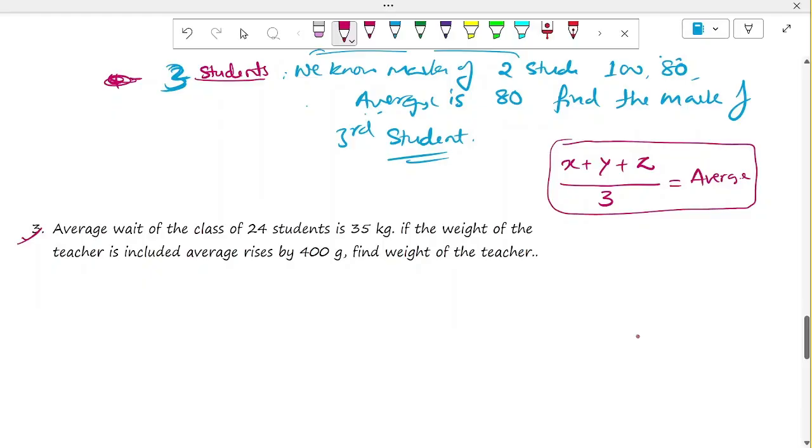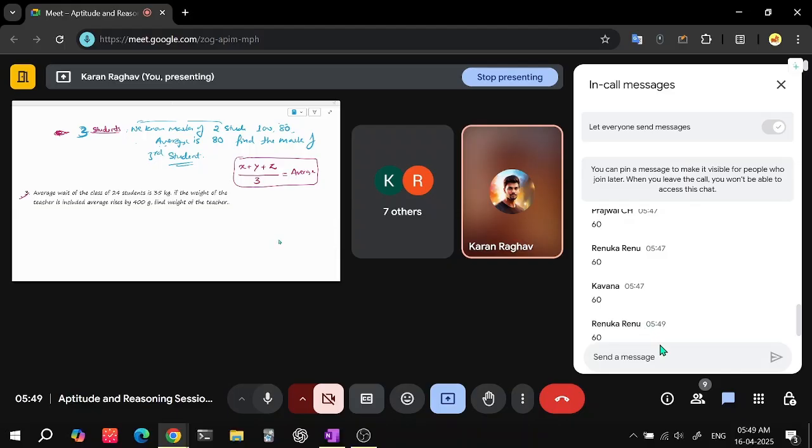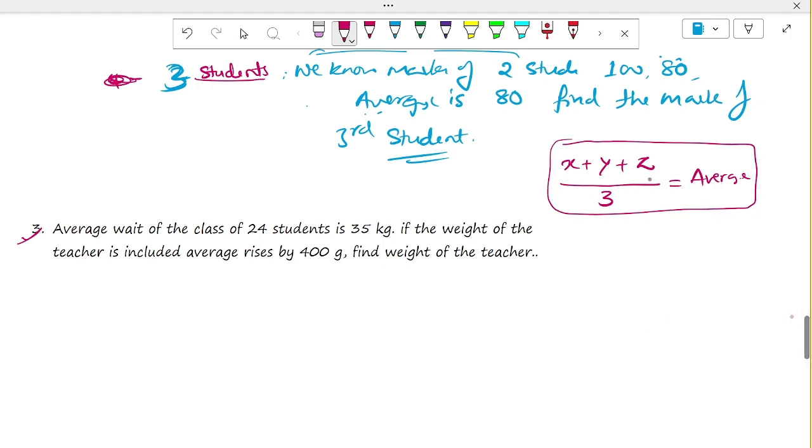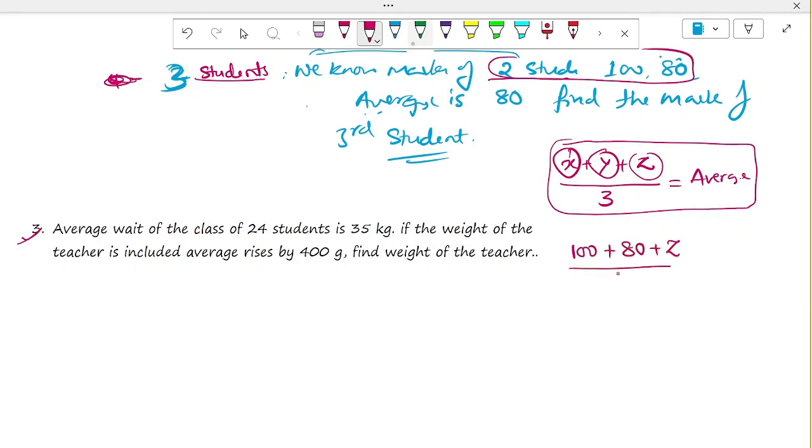I have got the answer, it is 60. Renuka, 60, right? Okay. You just see, we have got total 3 students, but 2 students' marks are known, means X and Y are known. We don't know what is Z. So just write 100 plus 80 plus Z divided by 3 is equal to the average, which is also given, 80. Fine.